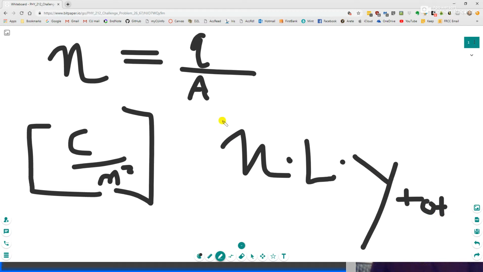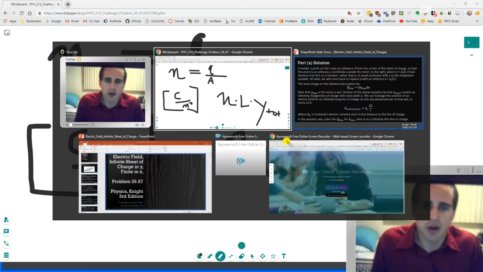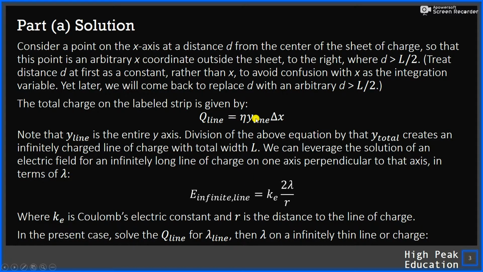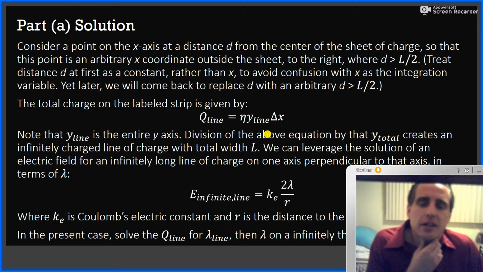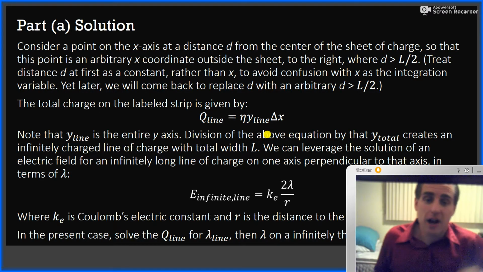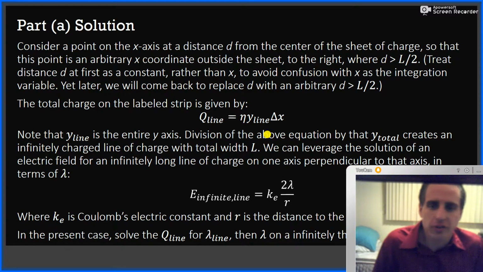Hopefully you understand where I got that from. So that's how we get this expression, and let's just call y line the length of the entire line, because y is basically the length of the entire y-axis, and that's the total charge.